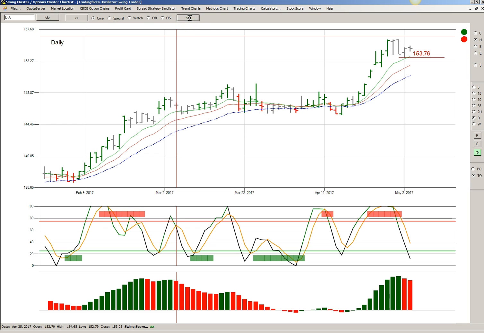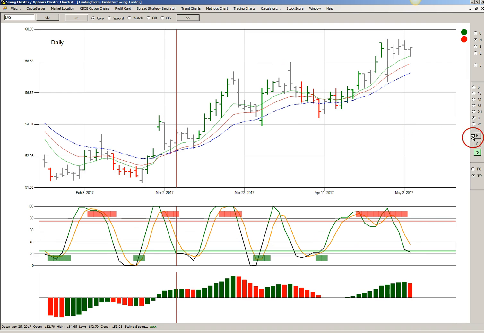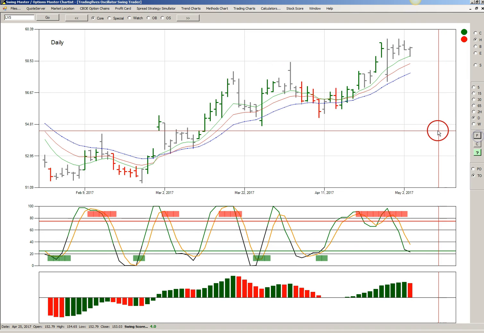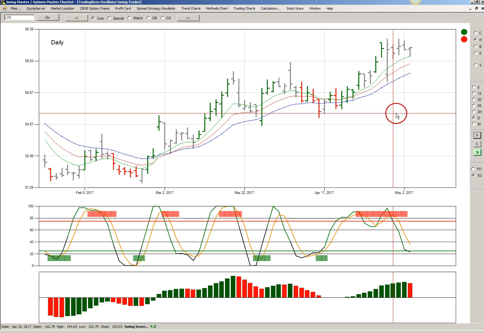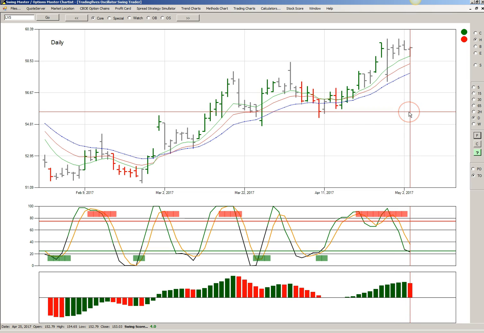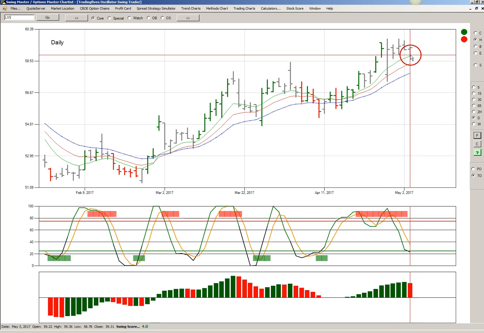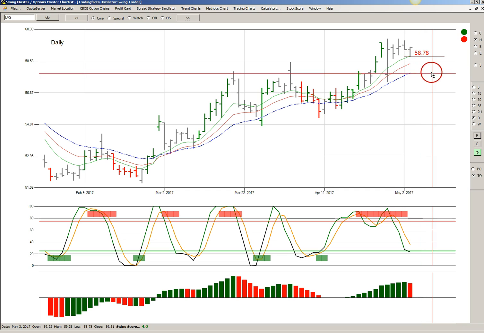Okay, we'll go to the next chart, which is the DIA, the Diamonds, the Dow Jones Industrials ETF. We'll do the same thing. We'll grab the P button, and here's the first red. The actual crossover in the stochastic RSI occurred about 3 days ago, but we didn't get the first red bar till today. So that would be the signal price.